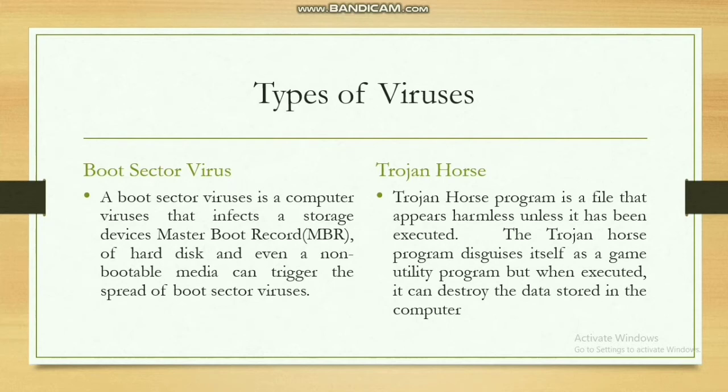Trojan horse programs get activated only when they are executed, or when you give permission to bring such files into your computer, and when you activate that, then only the Trojan horse program gets activated and destroys your system.